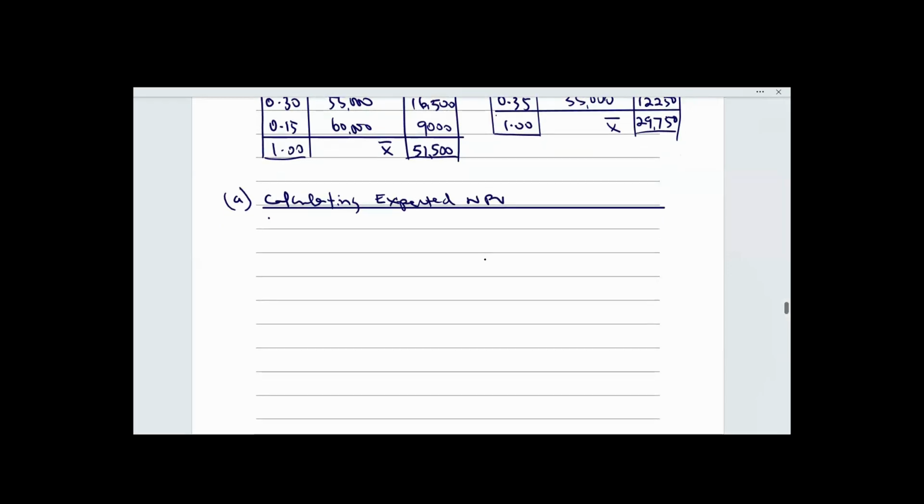All right, so create a column for year, description of items, cash flow, then discount factor. What's the cost of capital given in the question? 12%. Year 0, the useful life is 5 years, so year 1 to 5.